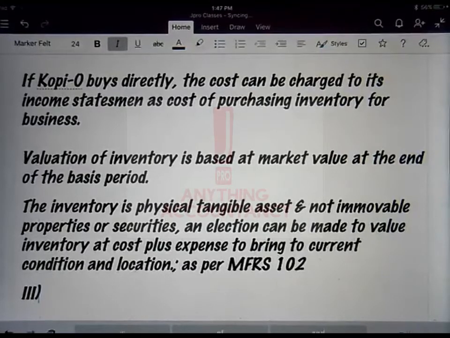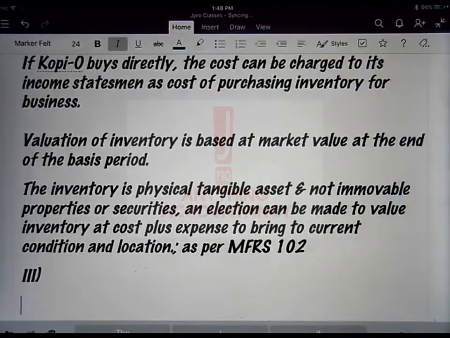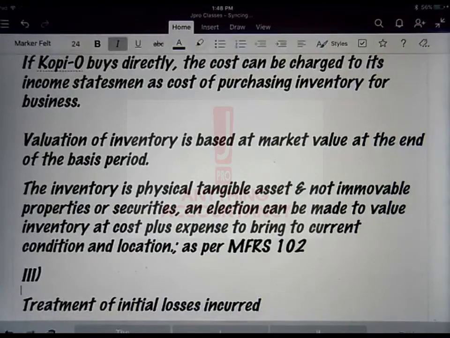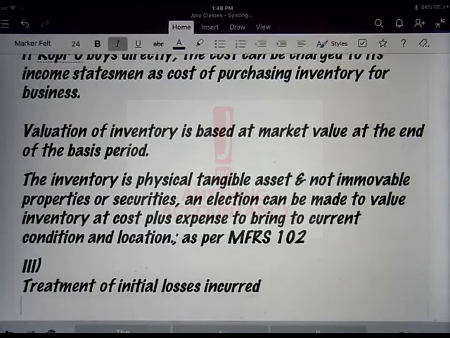Treatment of initial losses. What can you do with that loss?